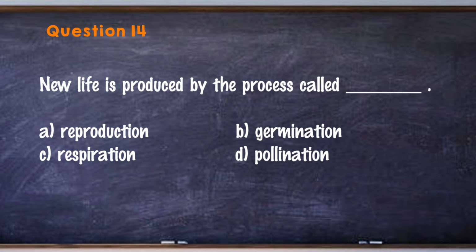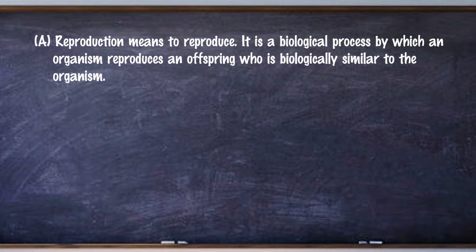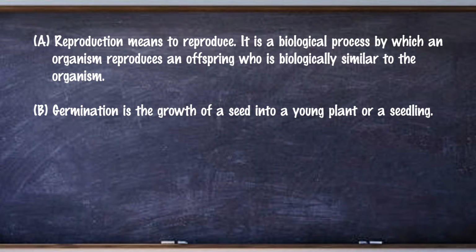So to help you answer this question, I'm going to give a brief explanation of each of those processes. So first, reproduction. Reproduction means to produce. It is a biological process by which an organism reproduces an offspring who is biologically similar to that organism, okay? Germination. Germination is the growth of a seed into a young plant or a seedling.